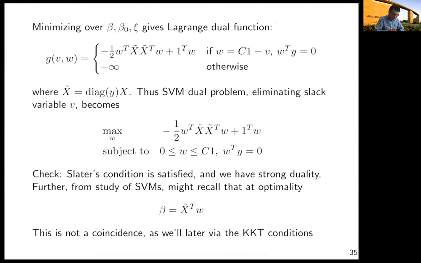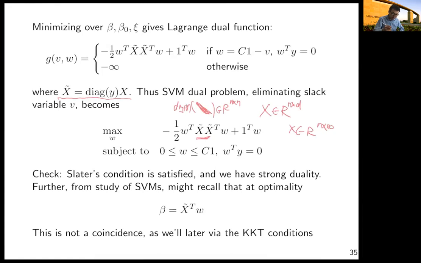In addition, if we look at this matrix, it is defined as follows. It is diag y, a diagonal matrix collecting all the labels, so this is an n by n matrix, multiplied with X, where in the linear case X has dimension n by d, and in the infinite dimensional case, X is in R^(n by infinity).